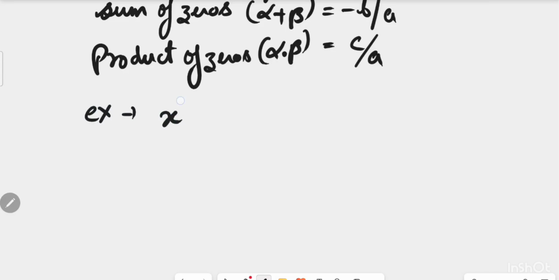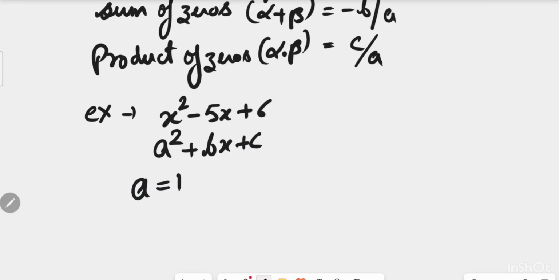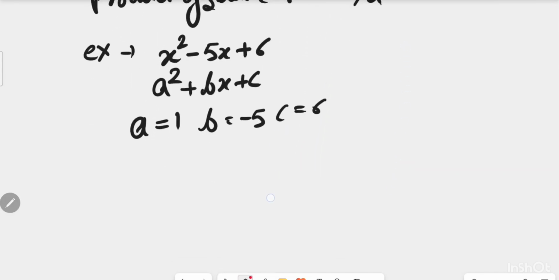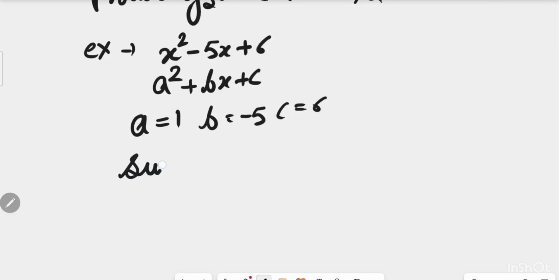We have a polynomial x square minus 5x plus 6. If we compare this with the general equation, then a is 1, b is minus 5 and c is 6. So what will be the sum?